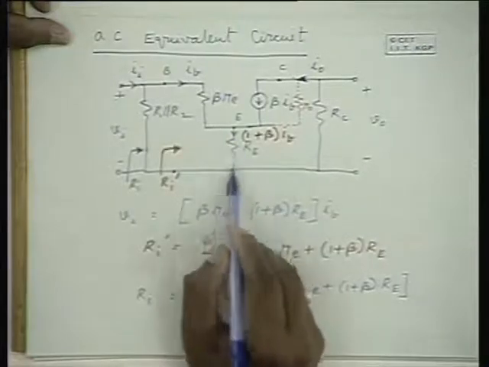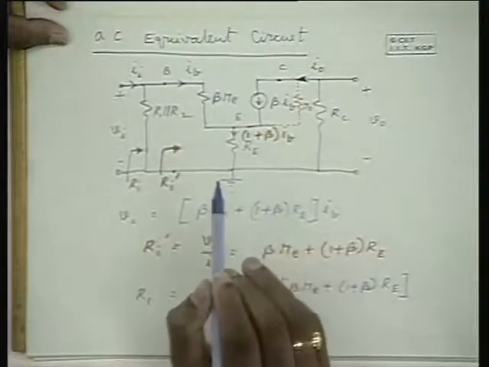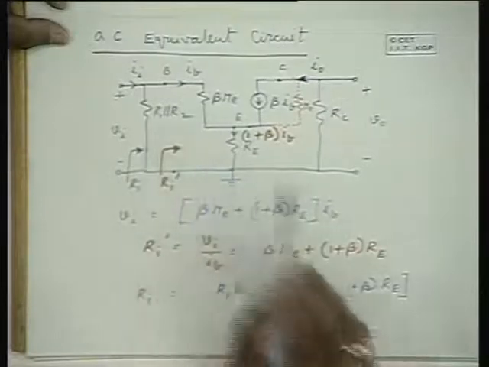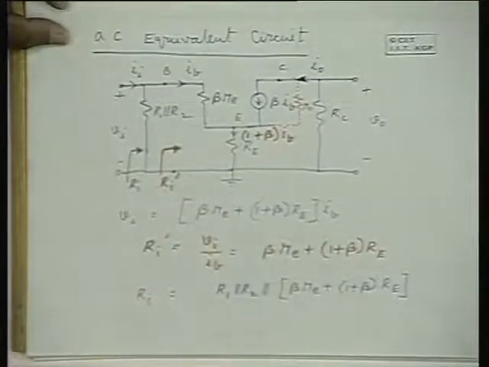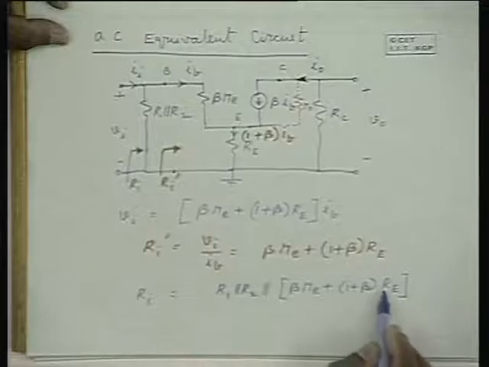When you replace it by a short circuit, the analysis boils down to the same analysis which we have done in the previous class. Or alternatively, you can use the same expressions for analyzing the circuit. Please note that now RE will be replaced by 0.